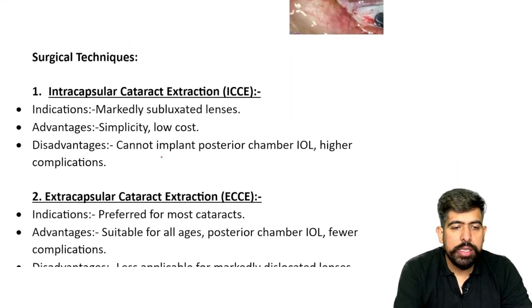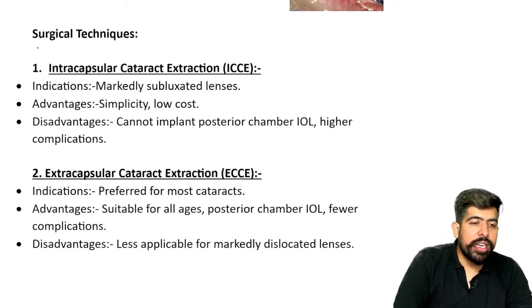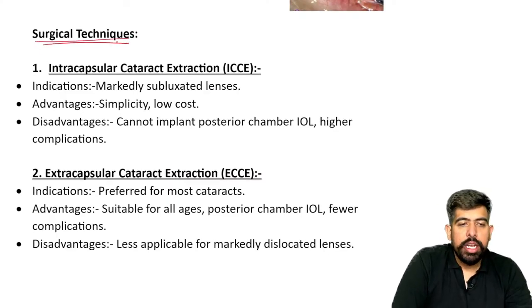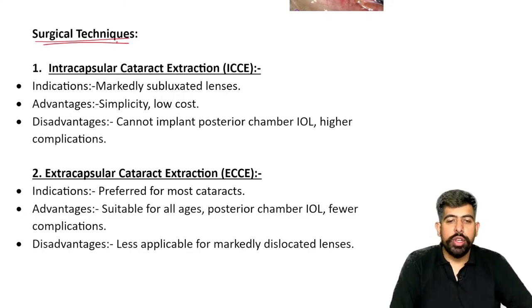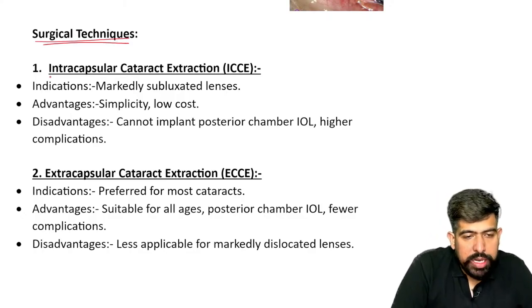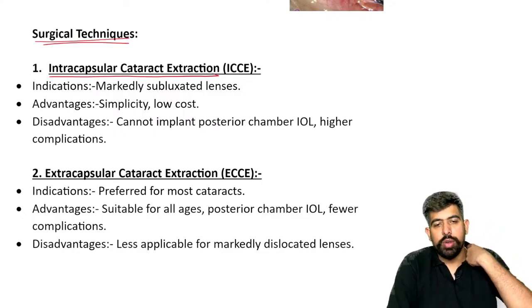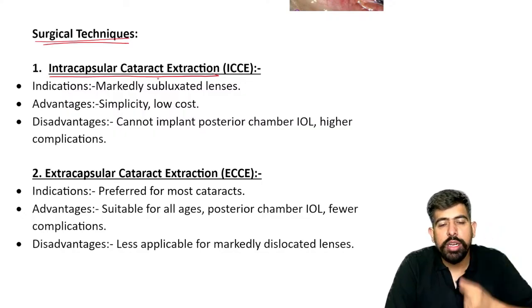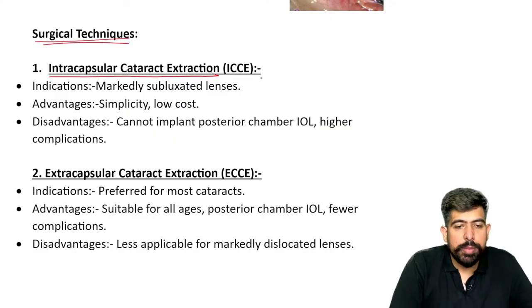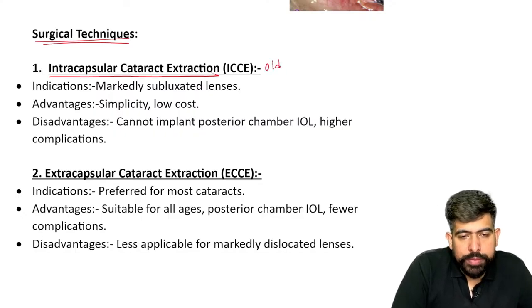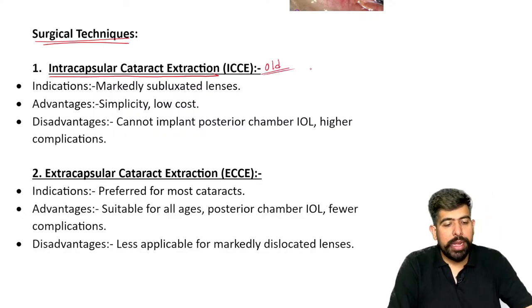Now, not only this, we have to talk about the different types of surgical techniques, from which questions are going to be asked in your exam. The first one is known as intracapsular cataract extraction, right? Please remember that this is your old method, a very old method.